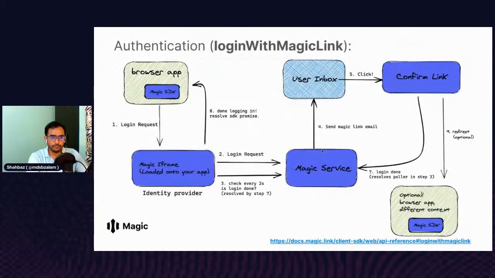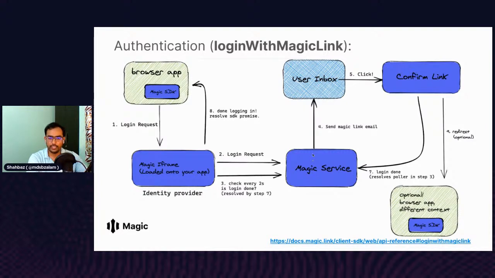So let's understand how the authentication flow works. Magic has its front-end web SDK, which uses a function, login with Magic link, as simple as that. In the browser, a login request is created, and the identity provider will load the Magic iframe onto your application, and a login request is made to the Magic service.